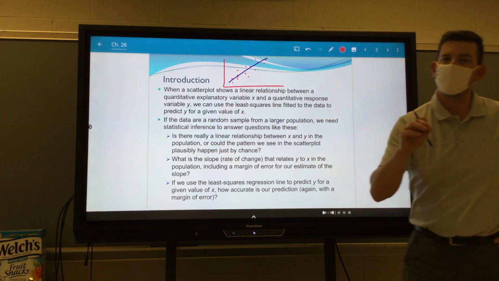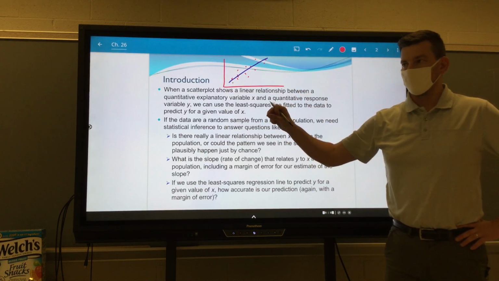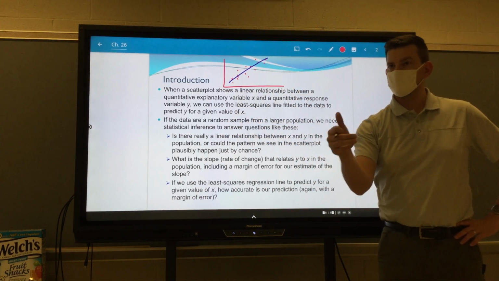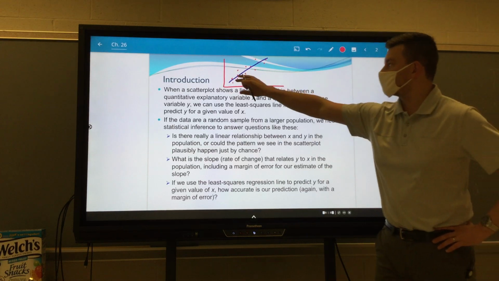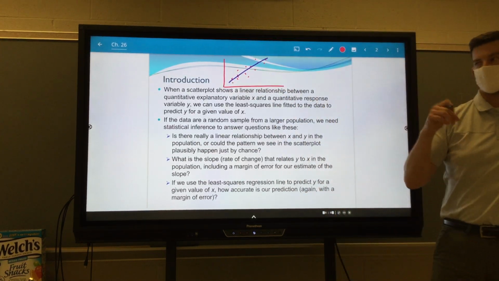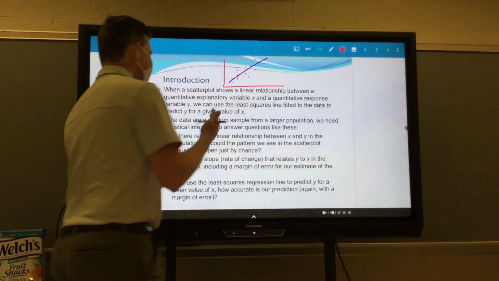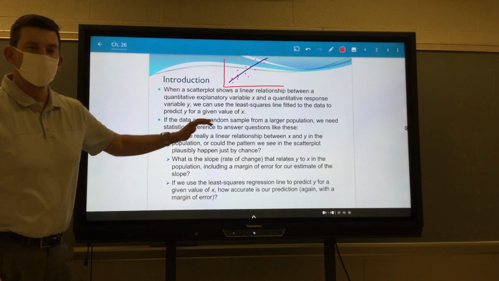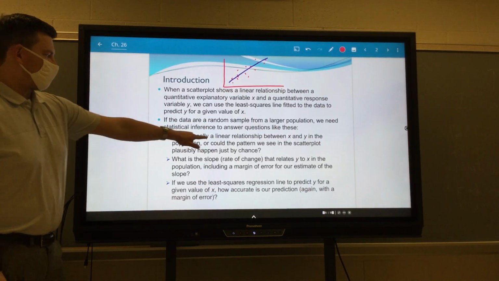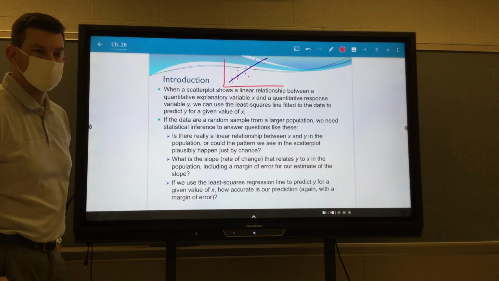And we want to know how accurate is our model for both the actual population model and predictions from our model. How accurate are they in relation to that population model? So we have some questions that we need to answer with this inference process. Is there really a linear relationship between x and y in the population?